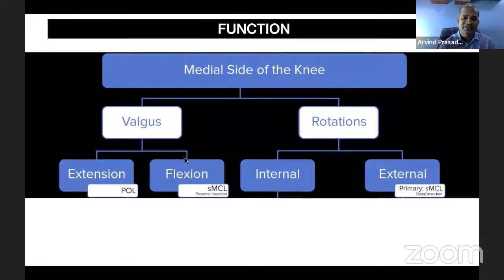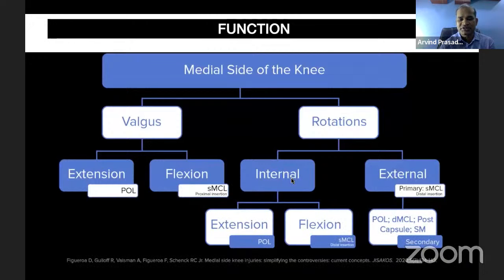So in extension, the posterior oblique ligament, and in flexion, particularly 30 degree, the main stabilizer for the valgus is the superficial medial collateral ligament.